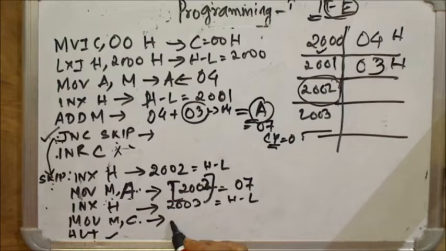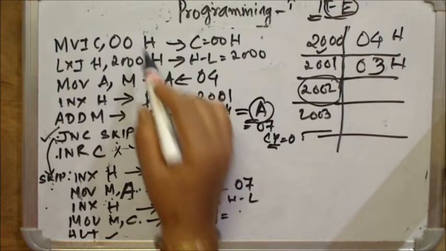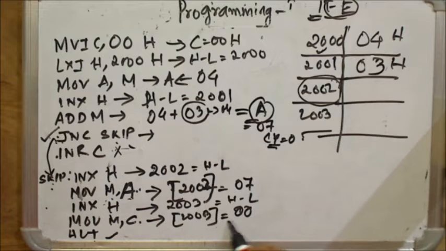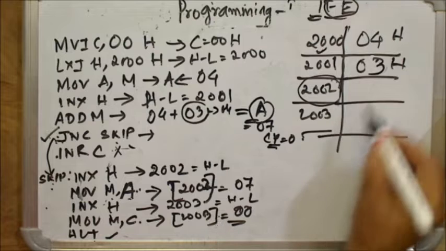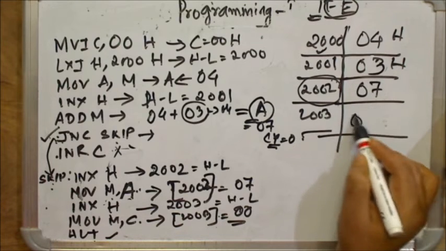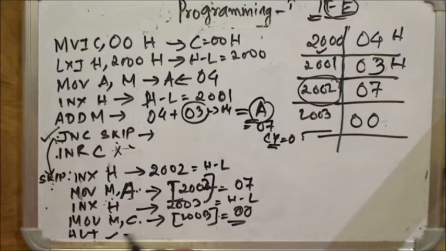Then move M, C. What is the value of C? C is not incremented. C was 00. I have initialized C to 00. So 00 will get stored in 2003. So here we have got 07 and here we have got 00. And then we will end the program.